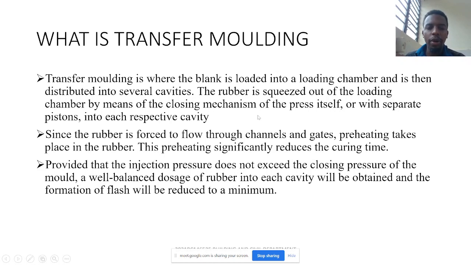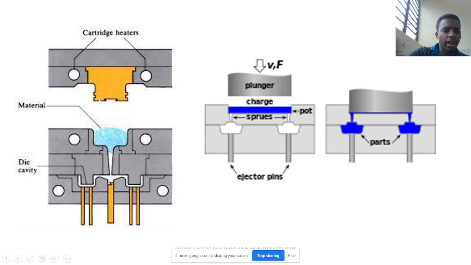When the rubber or the charge is loaded, we have a plunger which presses on the charge, and so that charge or the rubber is preheated so as to allow it to flow easily through the sprues or the connecting chambers to where the mold is located, as you can see there.